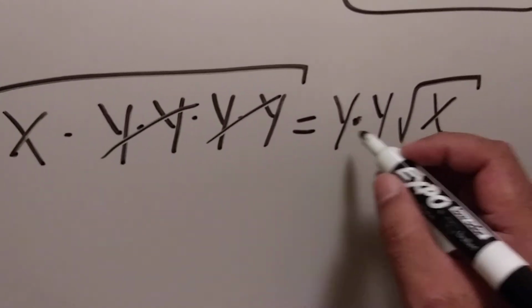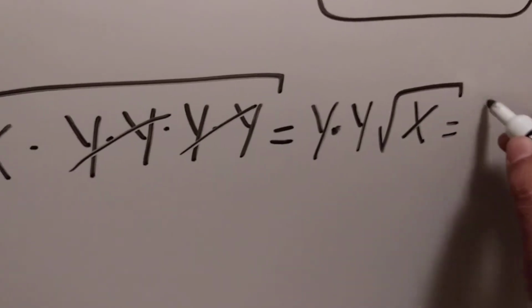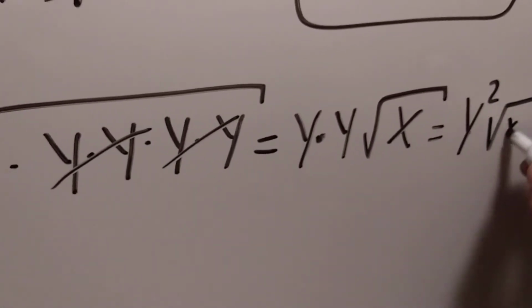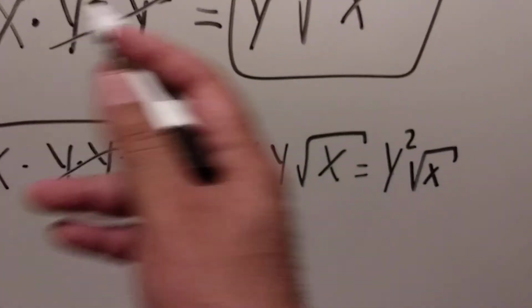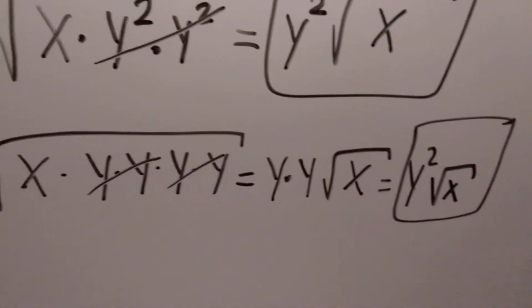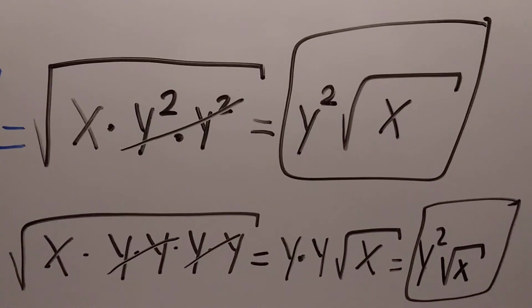So here we have y times y times the square root of x, which is the same thing as y to the second times the square root of x. So this is more expanded, and the other is, I guess you can say, a little more mental math type of method of solving it.